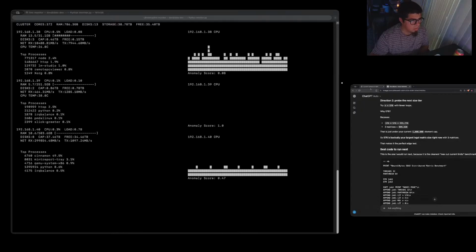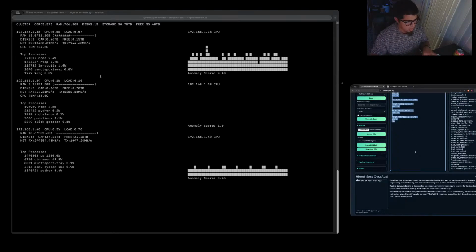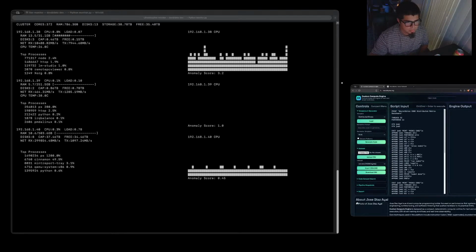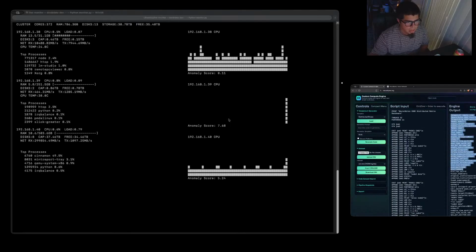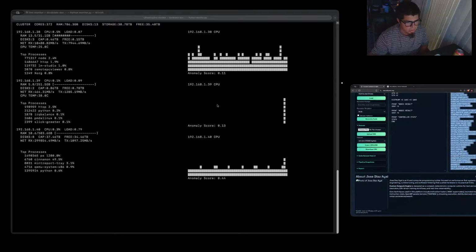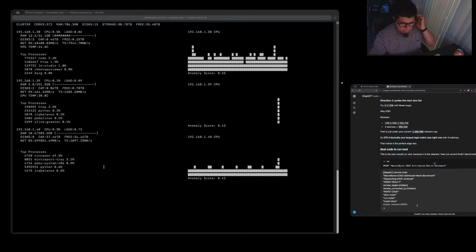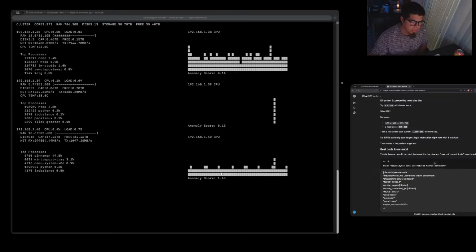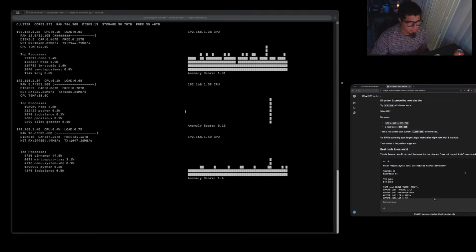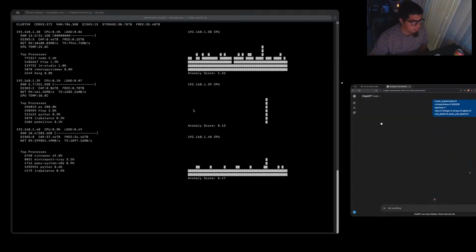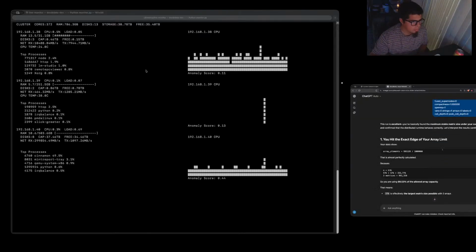What we're gonna do is, as we finalize this, I'm gonna go back to Codex. I'm gonna run this again, and I'm gonna tell it, hey, one of the nodes is faster than the other. What can we do about balancing it? Maybe make some changes here and there to better balance it. Okay, here we go.